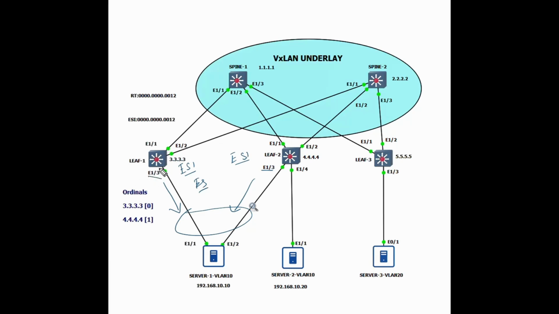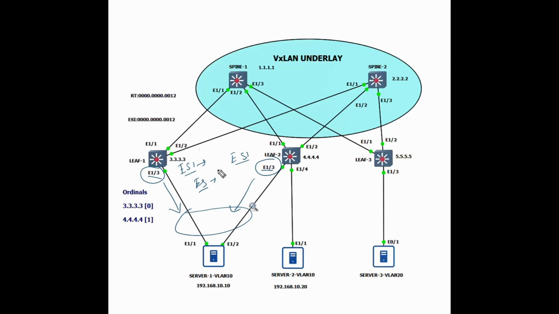So these links will be part of a port channel, and in that port channel we will assign an Ethernet segment identifier, and within the Ethernet segment identifier sub-configuration mode, we will assign the Ethernet segment a unique value.